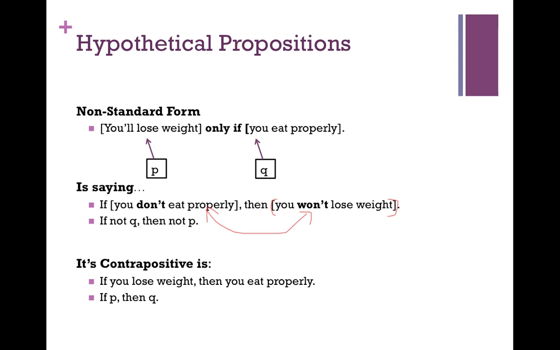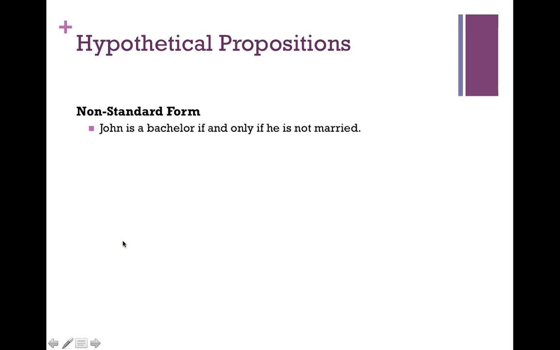So if not Q, then not P is just logically equivalent to if P, then Q. So, like I said, it wouldn't bother me if I gave you this sentence at the top and said, put that into standard form, and you wrote this one right here, if not Q, then not P. I'd be content with that. That's fine with me.